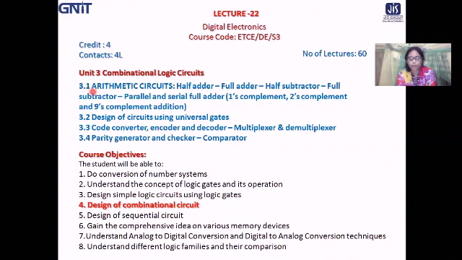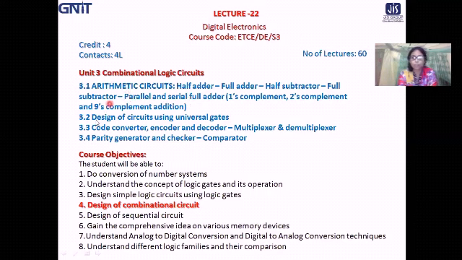Unit 3.1 is arithmetic circuits: half adder, full adder, half subtractor and full subtractor, parallel and serial full adders. All these are in this arithmetic circuits.